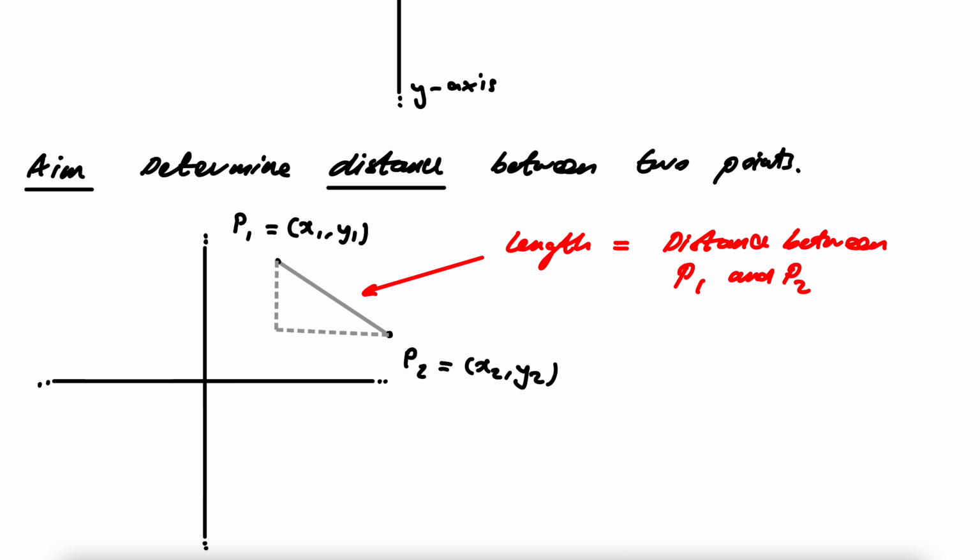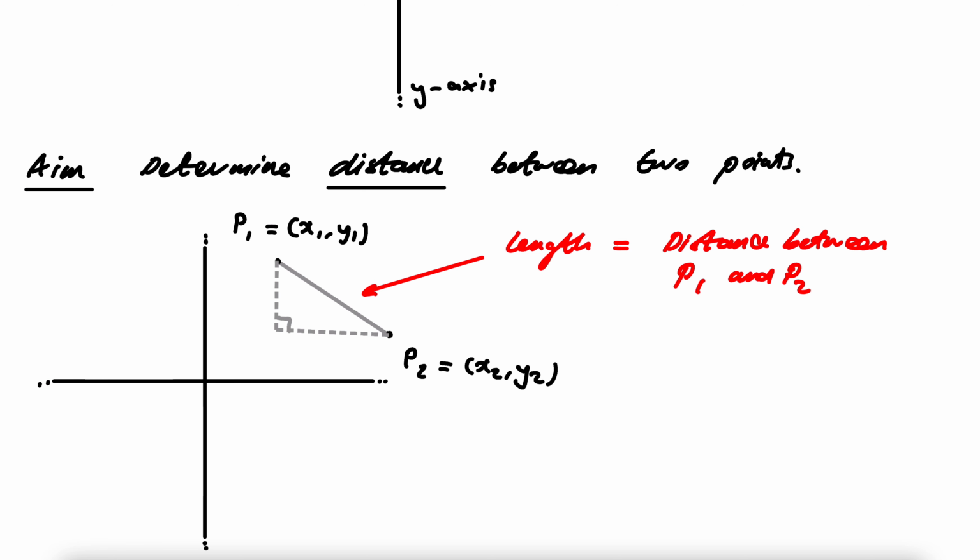If I draw these two lines, and let's make this a right angle, well, what do I know? I know that the length is the length of a hypotenuse of this right angle triangle. So if I know the lengths of these two sides, then I'm going to be able to calculate the length of the hypotenuse, so the distance between the two.